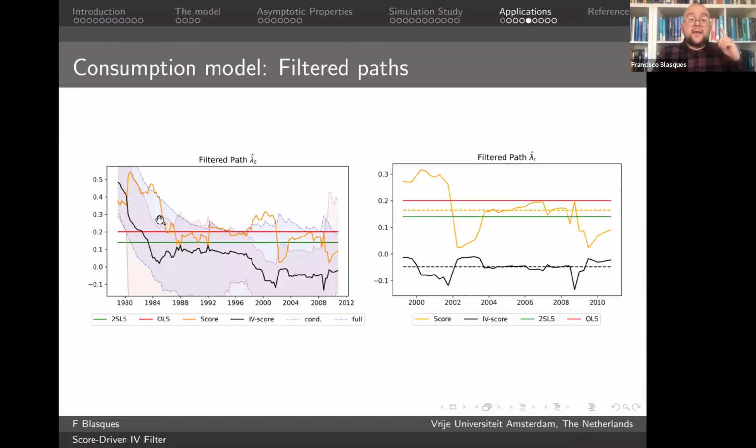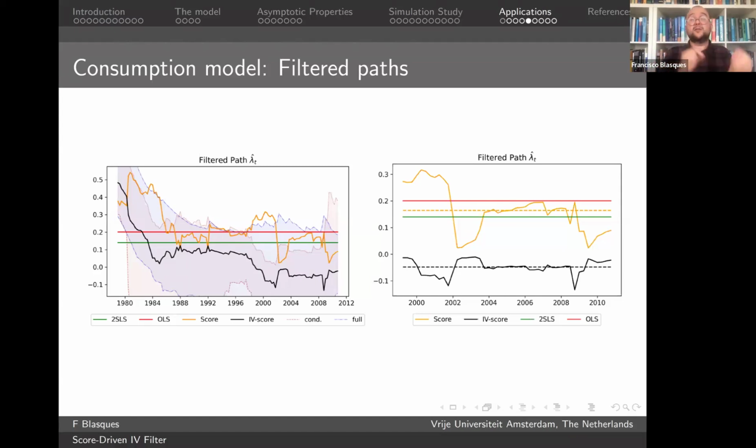If you would do a score filter, you would tend to overestimate this relationship between consumption and income. So not only it used to be much higher in the past, but also by not taking endogeneity into account, you might be led to assume that this is still present.